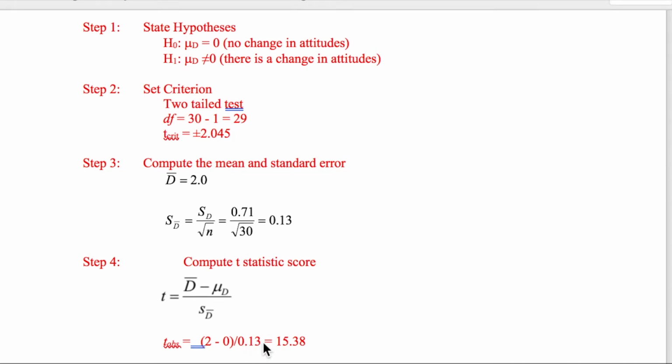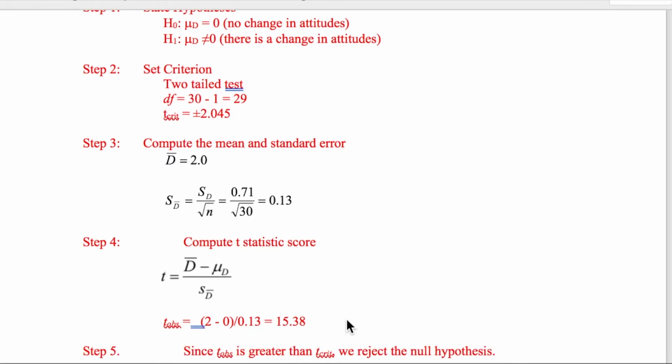We got it from step 3. The final result is 15.38. Then you can make a summary like this. Since the observed t-value is greater than the critical t-value, we can reject the null hypothesis.